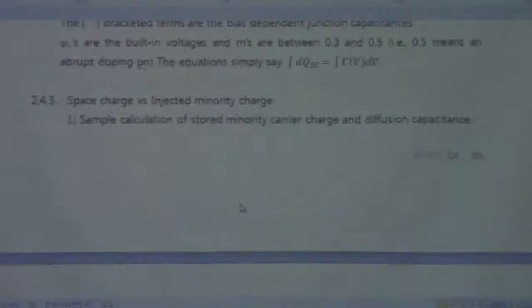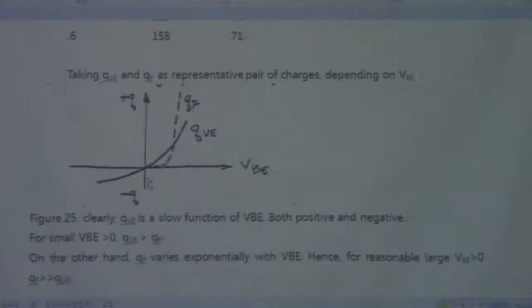We made a comparison of those two and put in real numbers, and we end up with this plot with charge on the y-axis and emitter-base voltage. The diffusion charge increases exponentially with voltage, along this dotted line, and the space charge increases in this fashion.